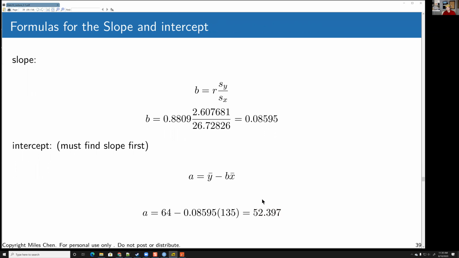And so this is how you can get the slope and the intercept yourself if you were asked to find these values by hand. It's also to show that it's not just some mystery where you plug in numbers and the computer spits something out by magic. It's not magic. You can get these numbers yourself, and it's found using these equations here.